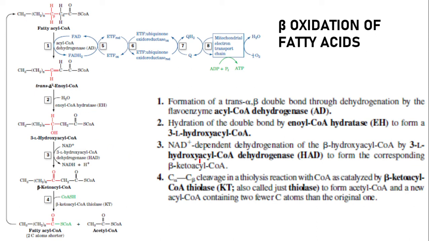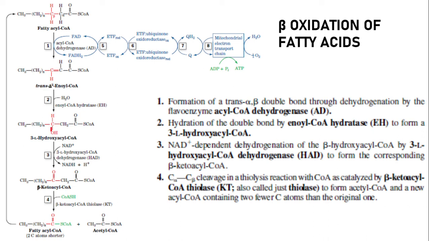And reaction number 3. Here again a reaction of oxidation is taking place. And this is another dehydrogenation reaction. Hydroxyacyl CoA dehydrogenase is the enzyme. Here also two hydrogen atoms are removed. They are carried away by NAD plus. It becomes NADH plus H plus. So from where are the two hydrogens removed? One hydrogen from here, one hydrogen from here.